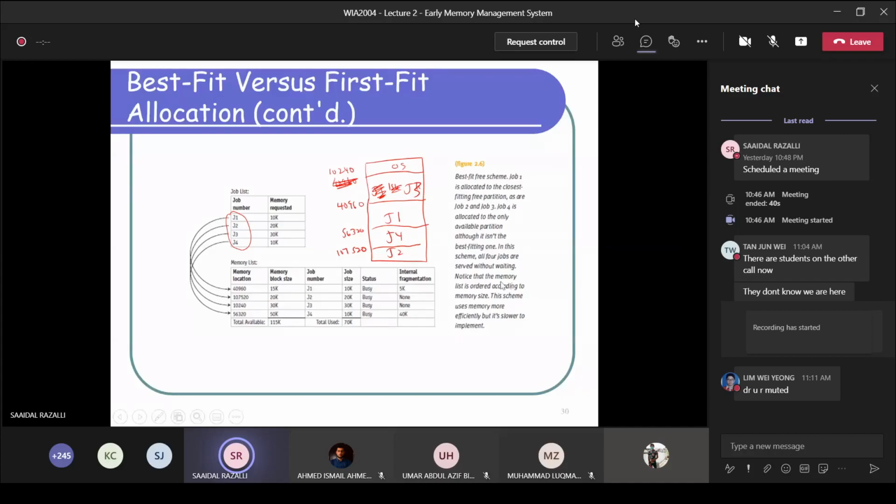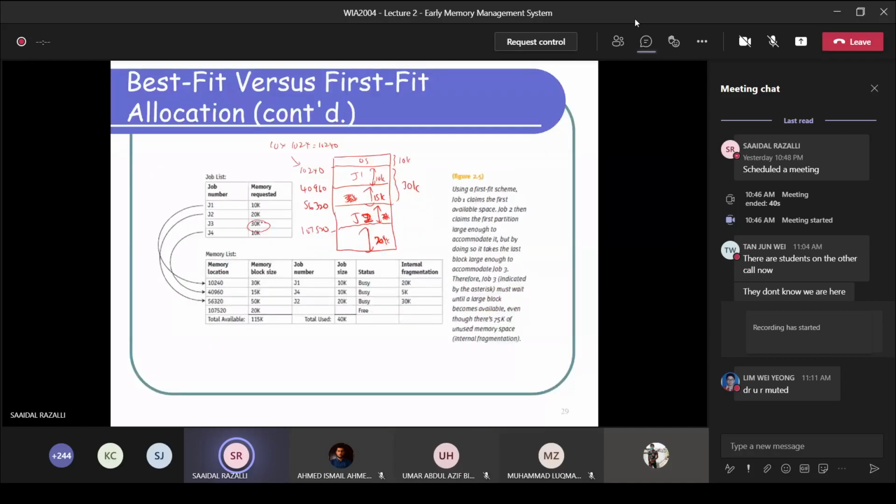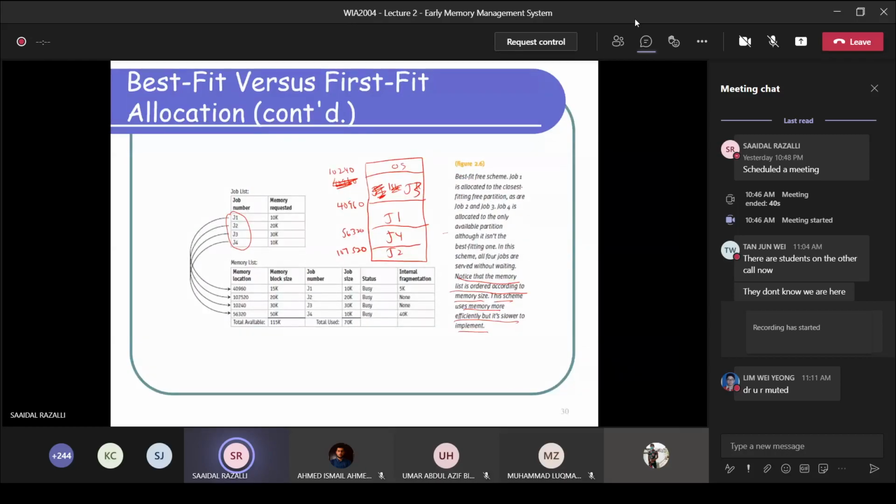So notice that the memory list is ordered according to the memory size. This scheme uses memory more efficiently, but it's slower to implement. The algorithm is more complex than first fit, but best fit has more memory use efficiency than the first fit.